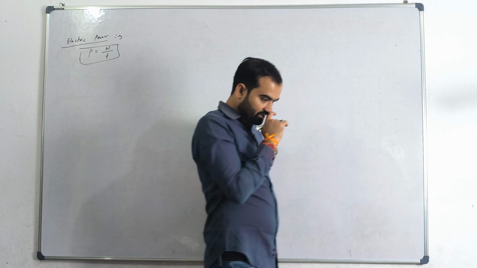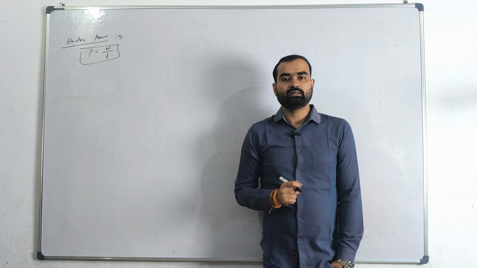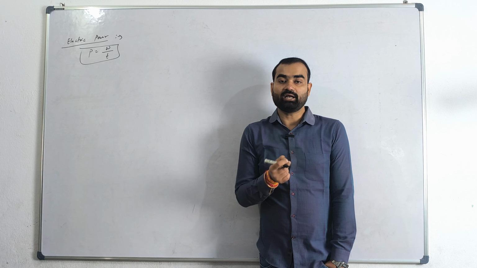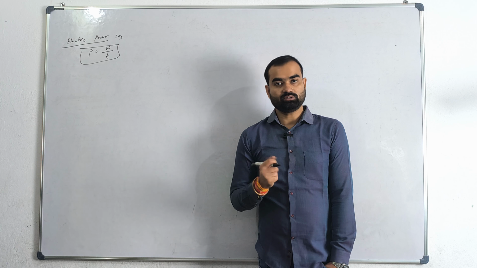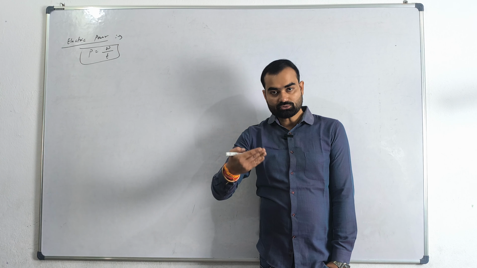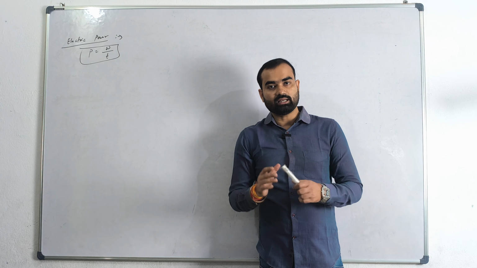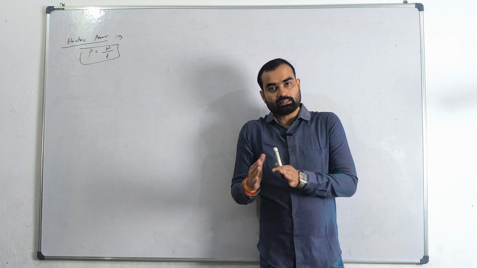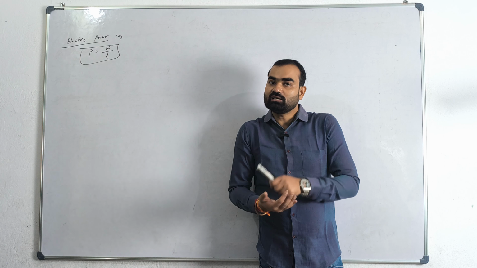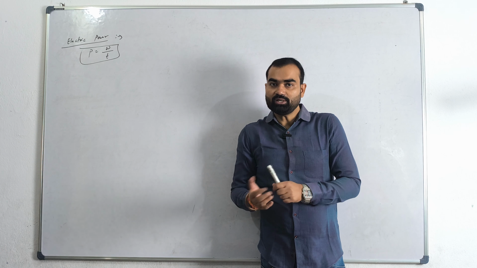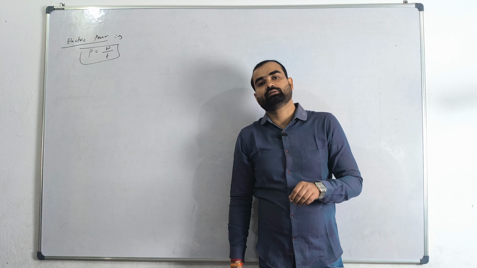But when we are talking about electric power, we say that the rate at which electrical energy is dissipated, because electrical energy is converted into heat energy according to our syllabus, means the loss of electrical energy, dissipation simply. So the rate of dissipation of electrical energy is defined as electric power.